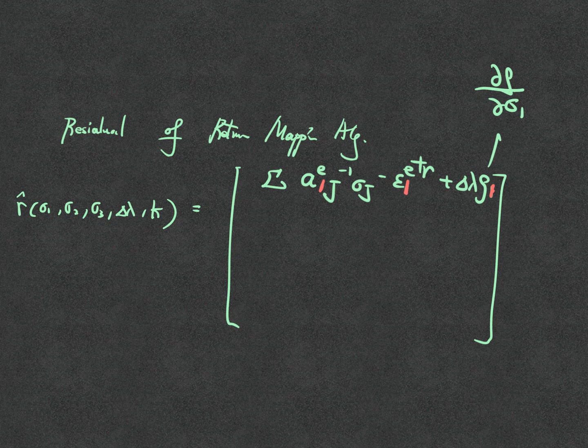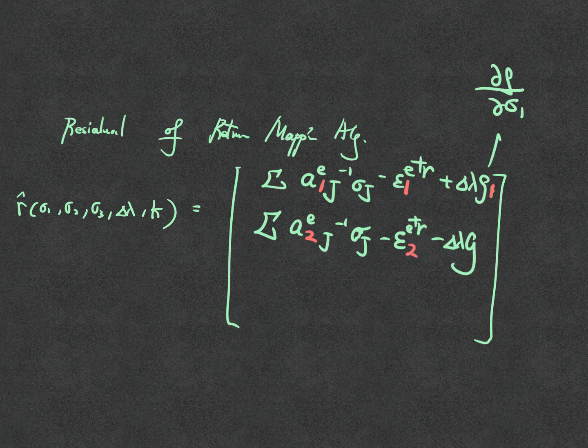What is the second equation? Maybe I use the same color, sigma E. Okay, what should I write here? I just write 2 here, 2 here, 2.